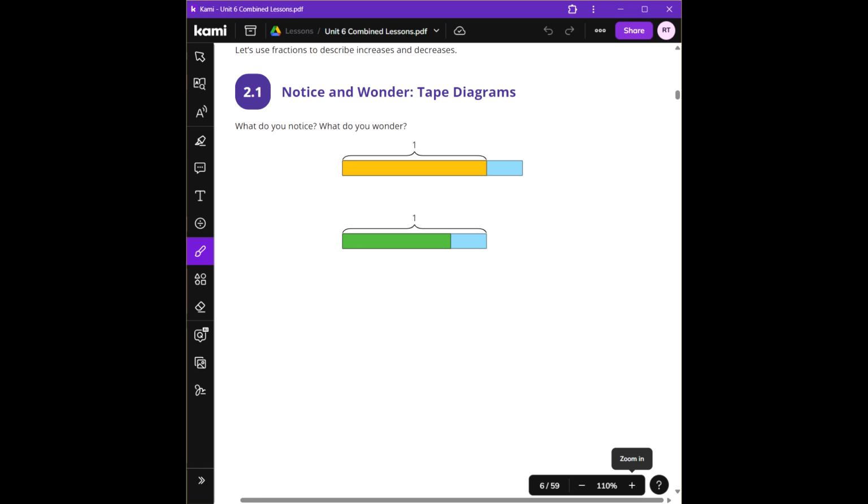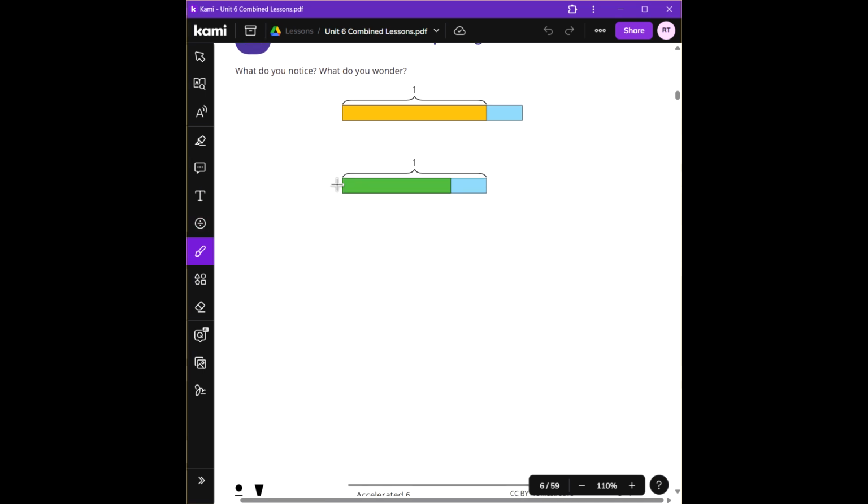So here's lesson 2 of Unit 6. We're going to start off here with noticing and wondering. The text has a whole bunch of different things, but I'm just going to put a few things together here for you.